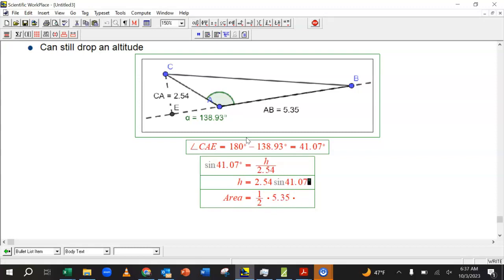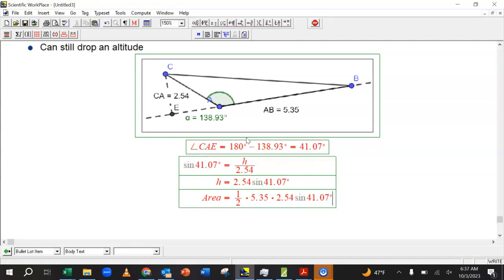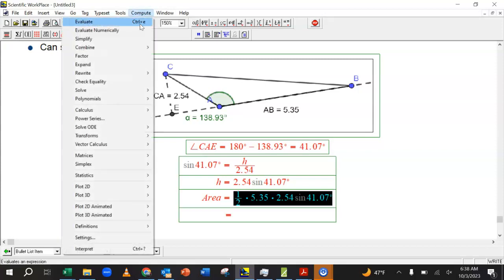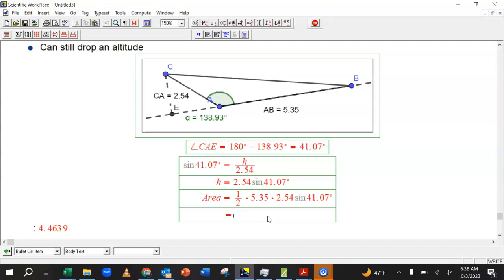Times all this stuff. You can kind of see we're kind of deriving a master formula, kind of a shortcut formula. And if you want to kind of figure out what that shortcut formula is and memorize it, that's fine. I really want us to focus on the core skills and how to use them in multi-part situations. But this is a pretty straightforward formula, especially once you realize that getting that angle is not hard at all. And there's even some more shortcuts you learn later, but I think we'll save those. So this one is 4.464, and I'd say 4.5 maybe for our usual kind of rounding. Okay, and that's it.